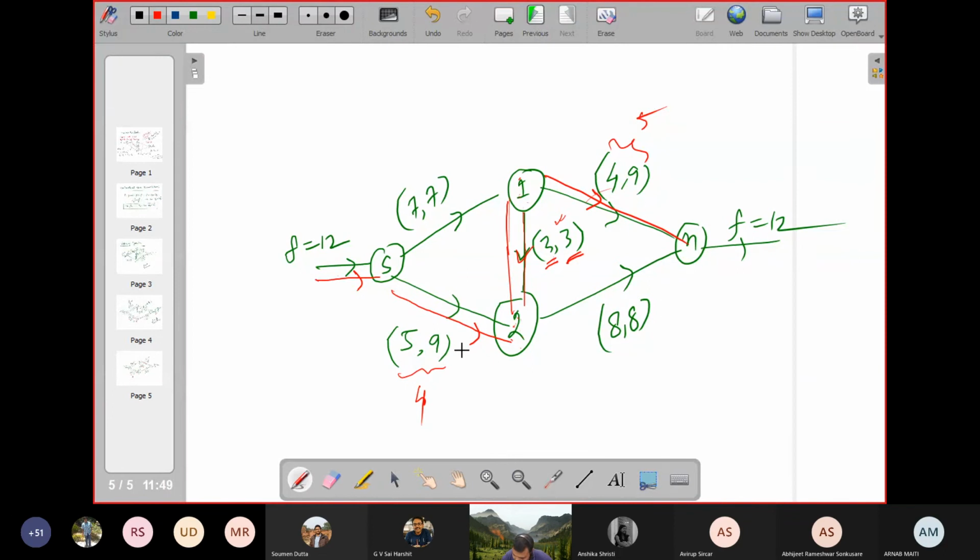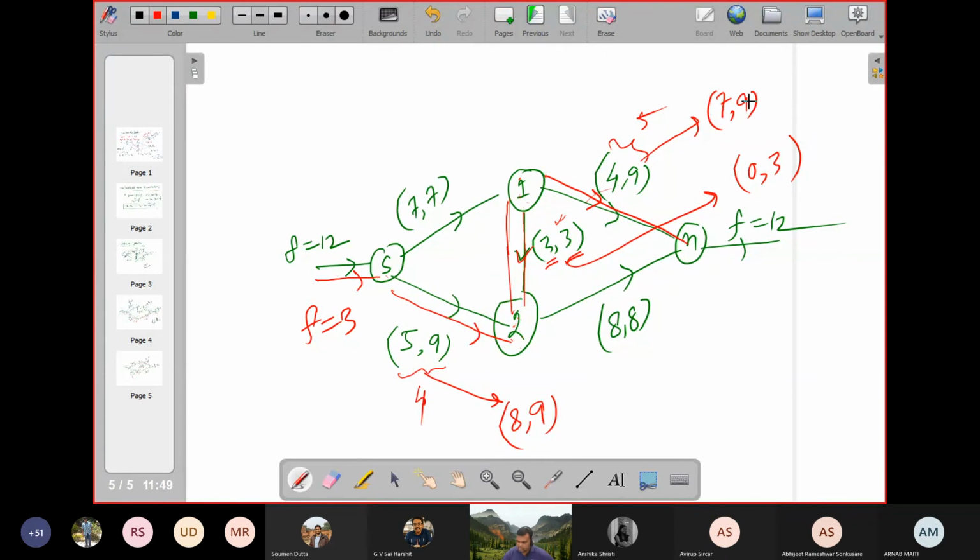So if I try to flow F equal to 3, additional 3 units from here to here, then in this arc it will be relabeled as 0, 3. Again, these will be relabeled as 8, 9, right? And these will be relabeled as 7, 9. And this backward arc will be relabeled as 0, 3. Okay.